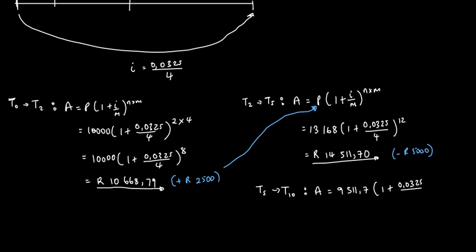You divide that by 4. For how many years? 5 times 4, which is 20 quarters, right? So how much does he have at the end of those 10 years? So you take that and you say 1 plus 0.0325. You divide that by 4, and then you say 20 there.